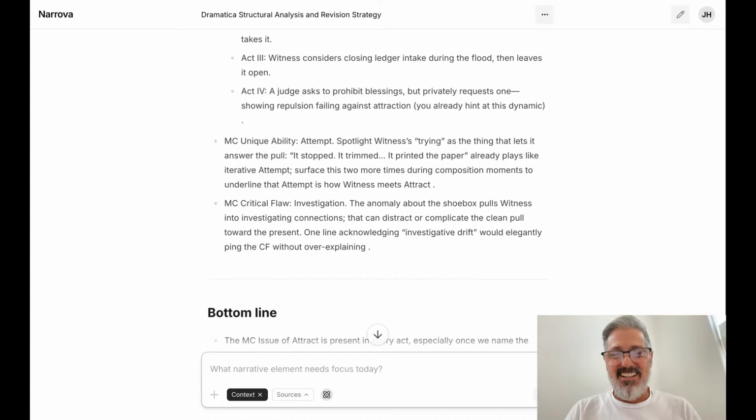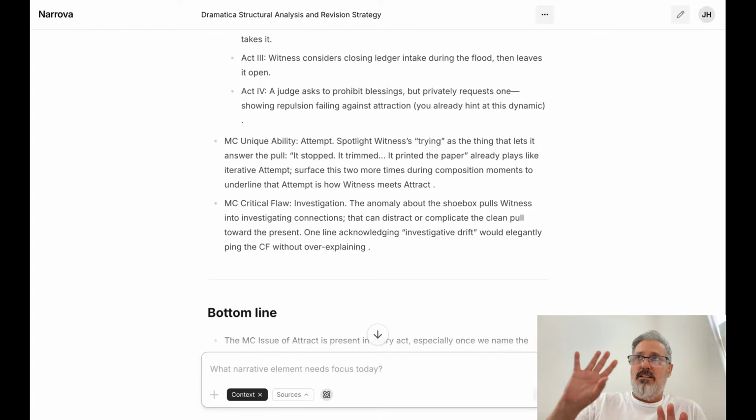Perfect. Yeah. So it's like I have these issues of attraction and all these needs. Always going to attempt. I'm always going to attempt because then by the end, that'll be the thing that actually resolves the objective story conflict. But the thing that holds it back is something to do with investigation. The anomaly about the shoebox pulls witness into investigating connections.